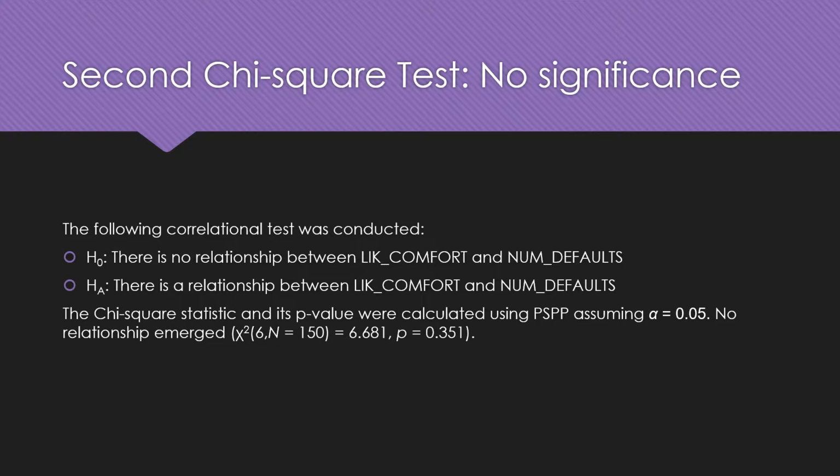The comfort and number of defaults are just part of the data set that was provided. And in this example, our sample size is 150 and the chi-square value that was gotten is 6.681.